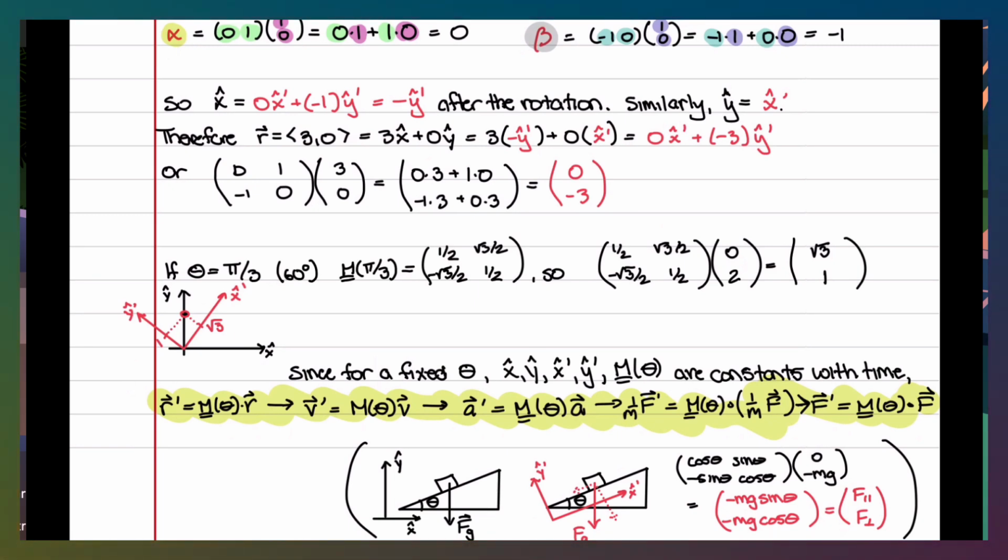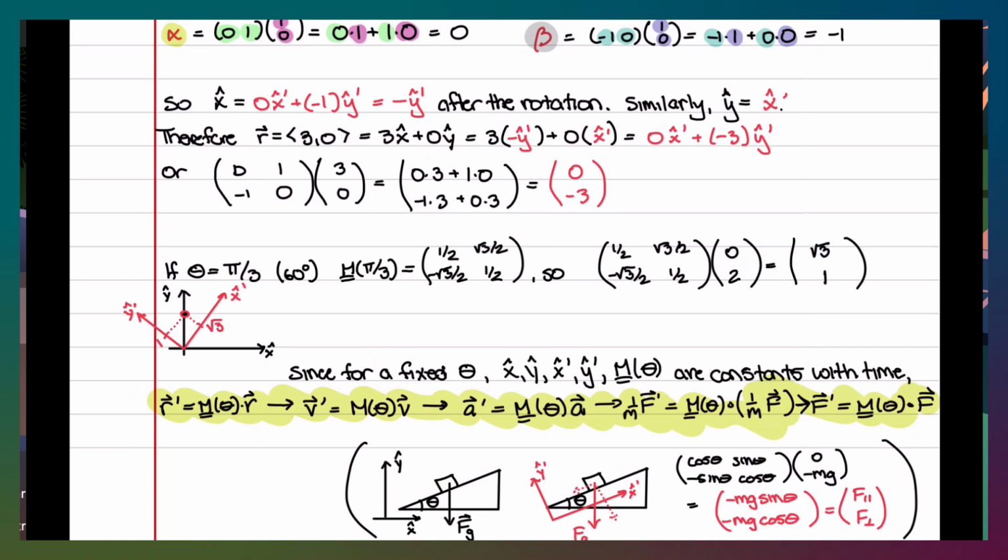If you can do this with positions, you can also do it with velocities, you can also do it with accelerations, you can also do it with forces. So much so that you actually have been doing this with forces, even if you didn't realize this is what you were technically doing. For example, when you have a box on an incline and gravity points straight down, you may have thought, well, I'm going to instead write this vector as a component along the ramp and perpendicular to the ramp.